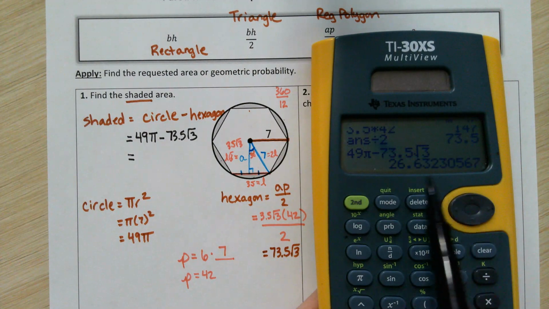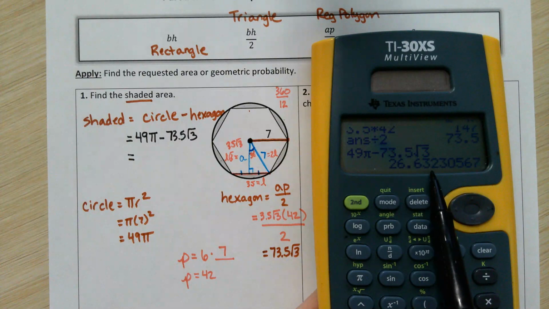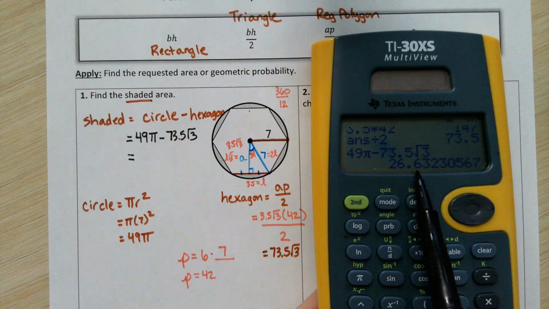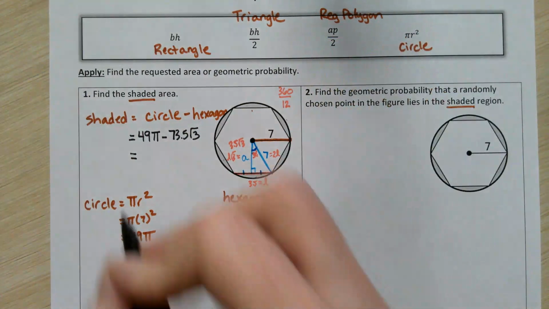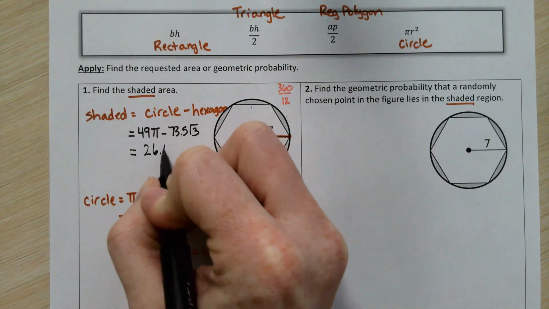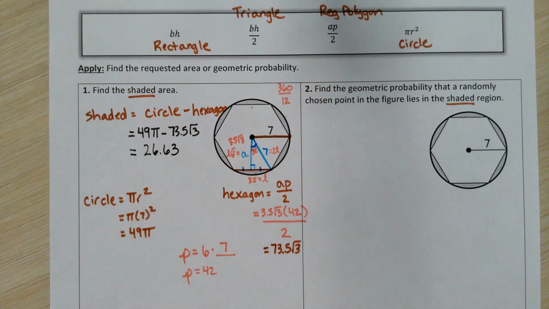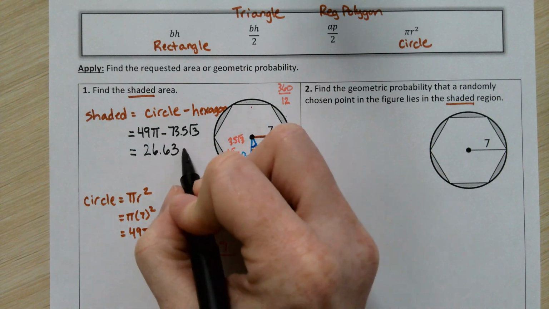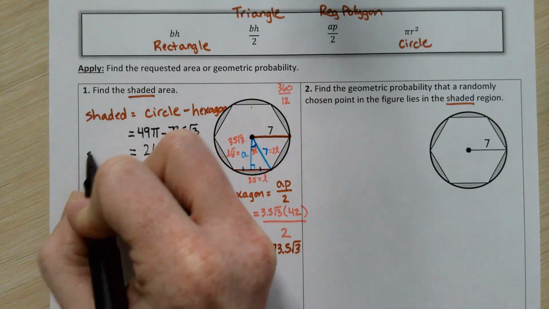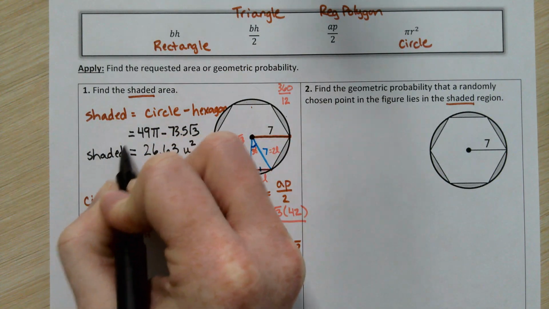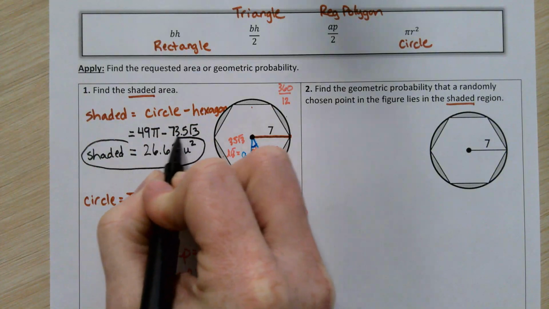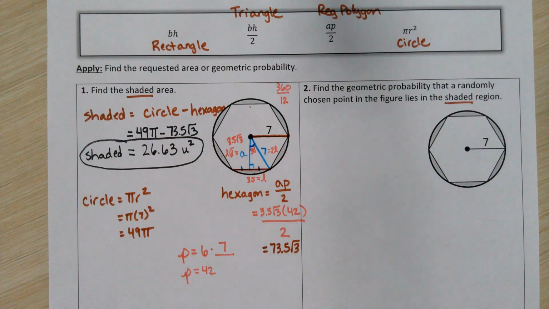And that tells us our area, which we're going to go ahead and round to 2 decimal places. 26.63 would be our shaded area. We don't have any units on that problem, so it would just be square units in general. But that would be all those little pieces around the edge there that are shaded.